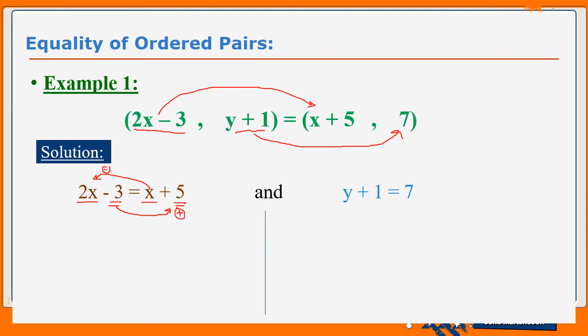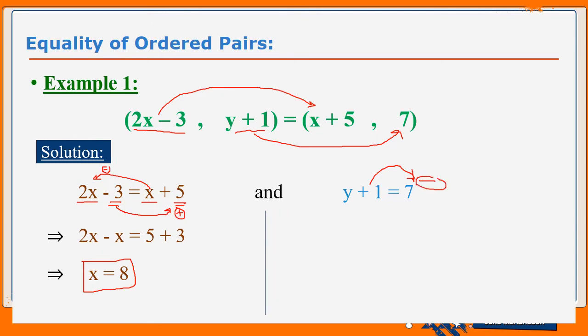So 2x minus x, the answer will be x. 5 plus 3 will be 8. So x equals 8.